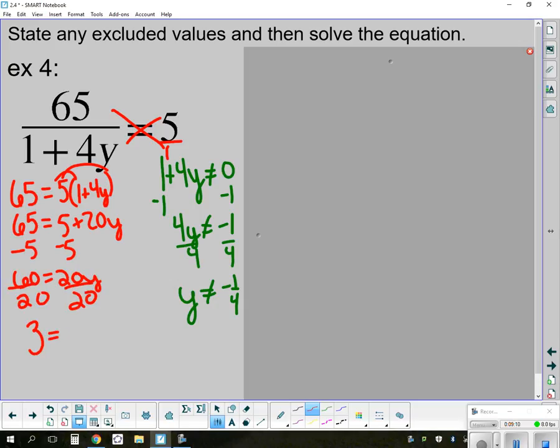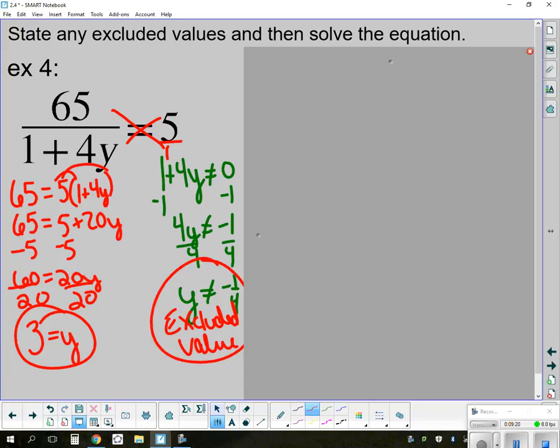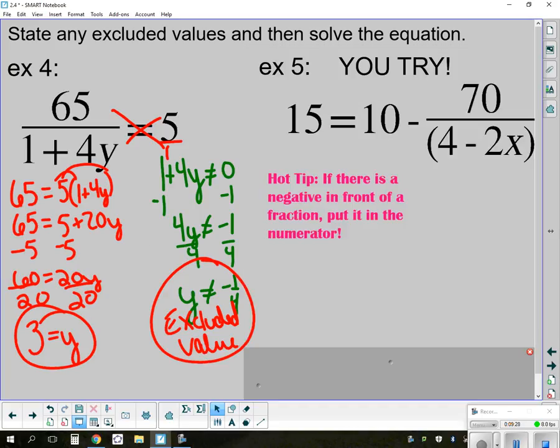And we get 3 equals y. So we have a solution, and we have an excluded value over here. Okay, be very aware of which number is your solution and which number is your excluded value. Okay, you guys try, take note of the hot tip there, pause the video, and try this problem.